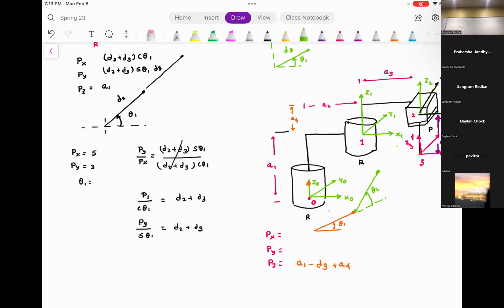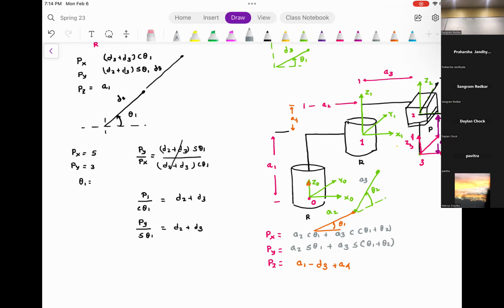And this is A2 and this is A3. Remember everyone, Px is going to be A2 cosine theta 1 plus A3 cosine (theta 1 plus theta 2). Right? And Py is going to be A2 sine theta 1 plus A3 sine (theta 1 plus theta 2). Are you with me so far?